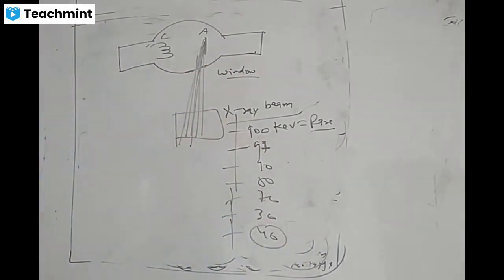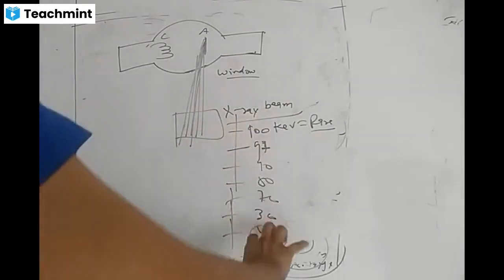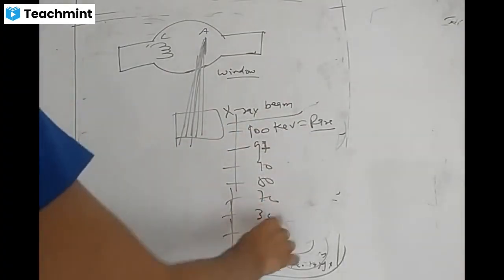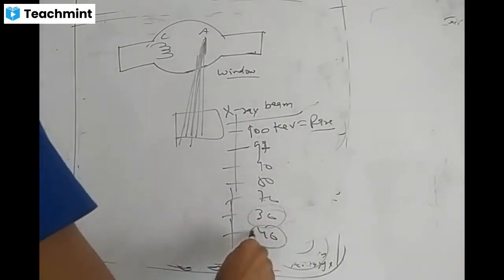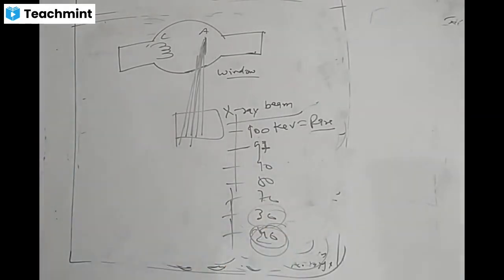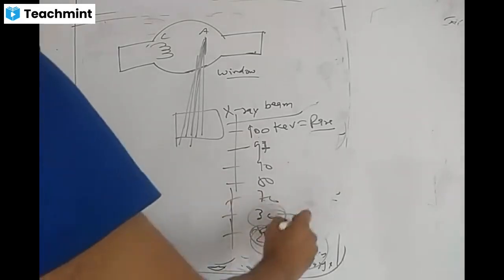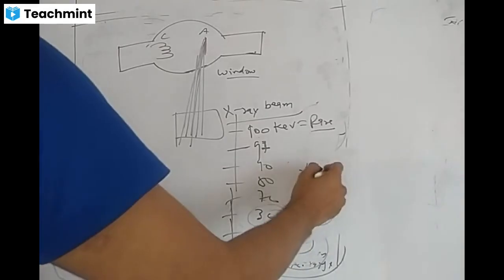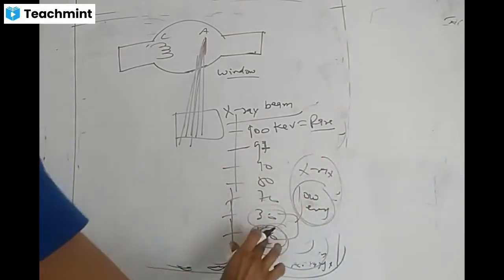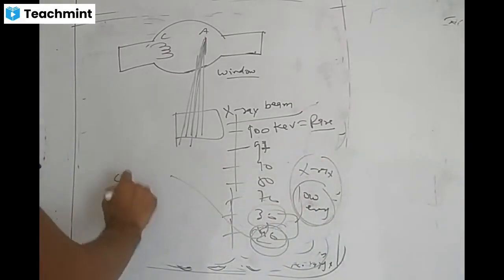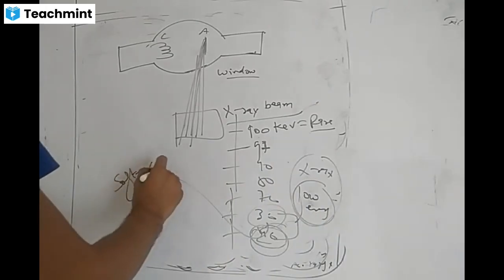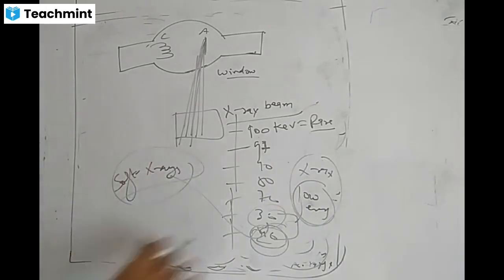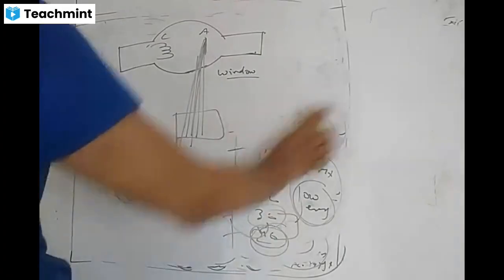Out of these, the X-rays of low energy, like 30 and 20, are very low energy X-rays. We call them soft X-rays. They are of low energy and of no use in diagnostic radiation.